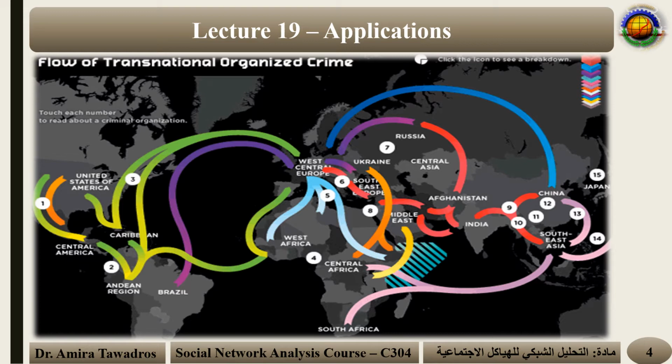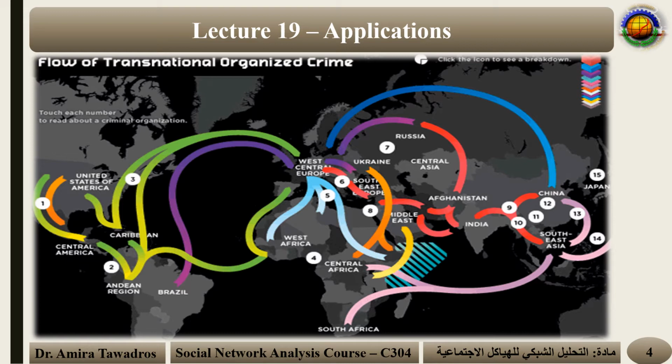And ultimately, which nodes must we target in order to disrupt the network and break it down permanently? These are examples of many questions that social network analysis can help to answer. Without social network analysis, you will not be able to answer these questions properly.